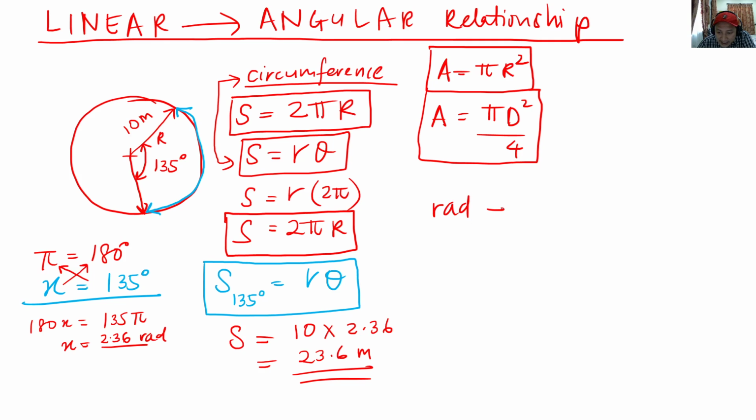So if you haven't noticed yet, radian is actually not a unit. Really not a unit. How do I say this correctly? It's actually a unit, but radian is dimensionless.